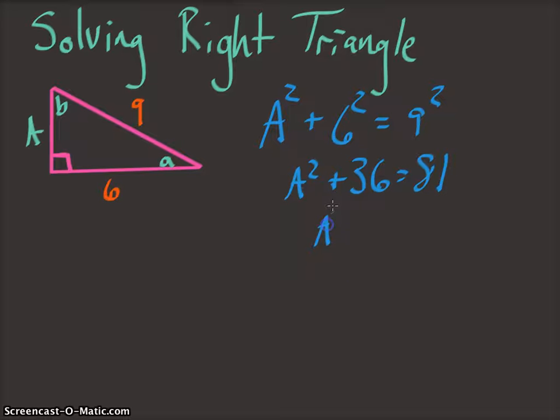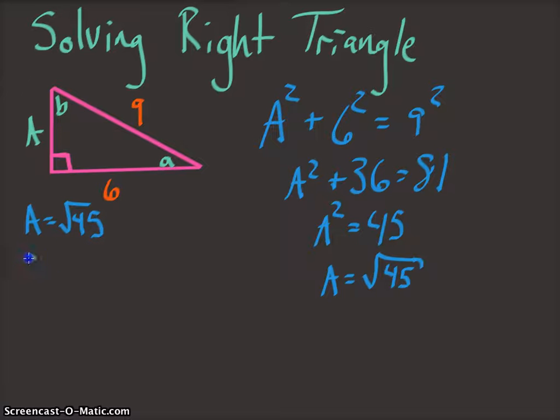So A squared is equal to 81 minus 36, or 45. So A is going to equal the square root of 45. For the sake of keeping this as accurate as possible, I'm not going to round this answer to a decimal. So now we know that A equals the square root of 45.